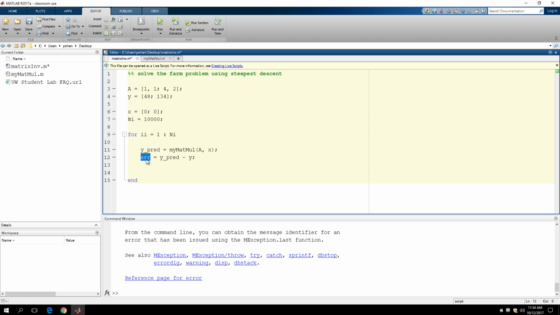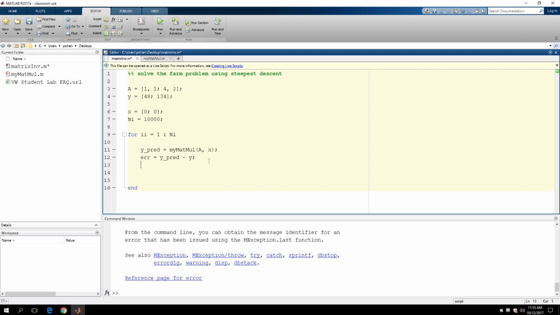So ERR is a vector with two elements: the first is the difference between the first elements of y_pred and y, and the second is the difference between the second elements. That's the difference.